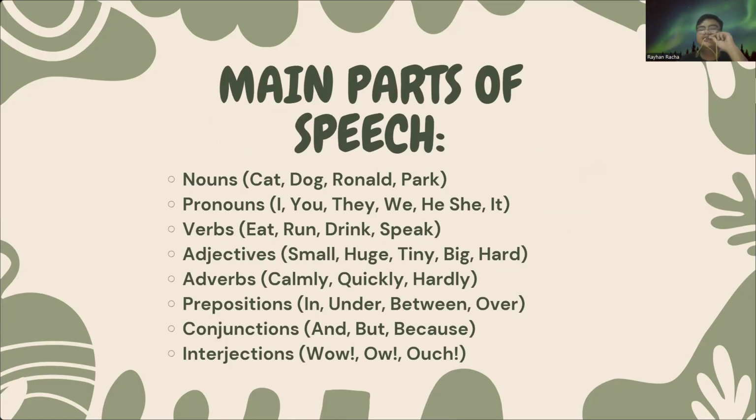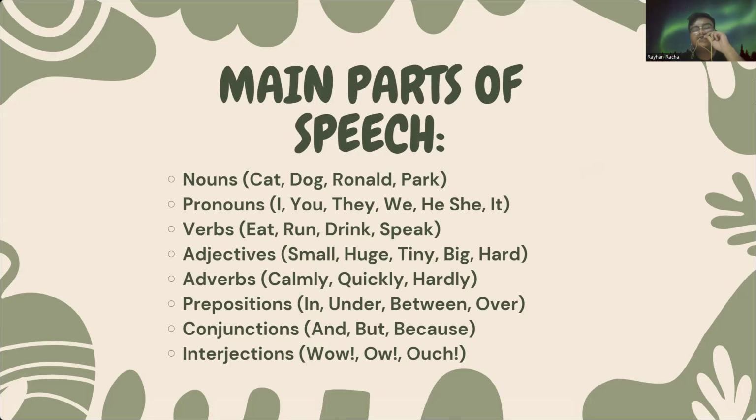Okay, this is the main part of speech. These are the types, or the classification, as you can say. The first one is nouns, for example, cat and dog. Basically, a noun is kind of the subject of the sentence. For example, in the sentence "the cat is eating," the word cat counts as a noun.